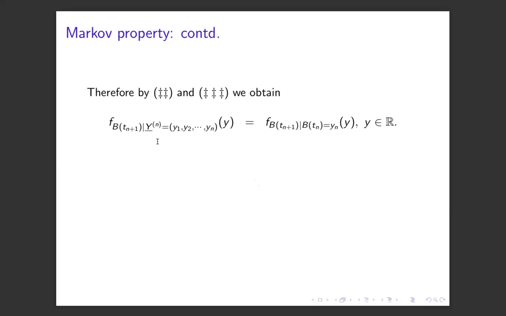So whatever information is given here concerning B_{t_1}, B_{t_2}, ..., B_{t_{n-1}} becomes irrelevant. That is the crux of the Markov property, as you have seen in your Markov chains and also earlier in the continuous time Markov chain and so on.